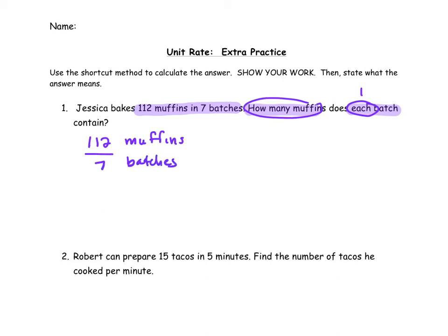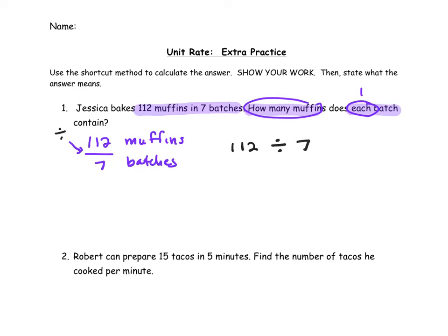So we're given that. We want to label, because that's going to help us in just a few minutes, what our answer is. Now I want you to notice this ratio bar also in math means division. So I'm going to use that knowledge that this little bar here means division to say 112 divided by 7.